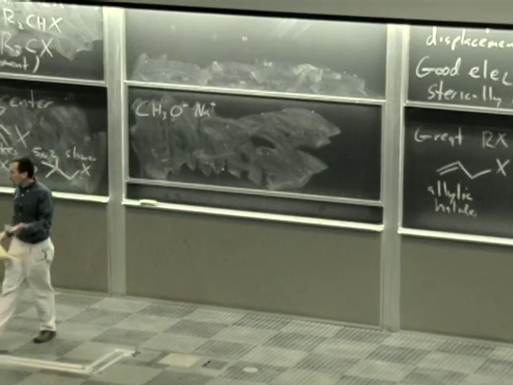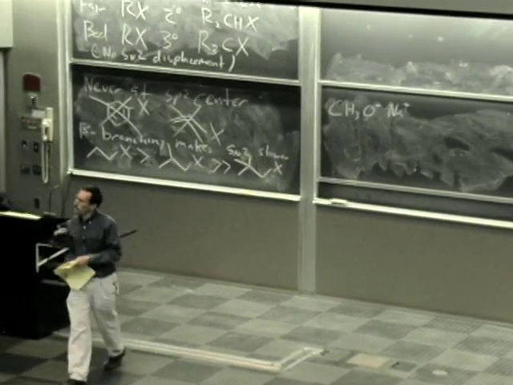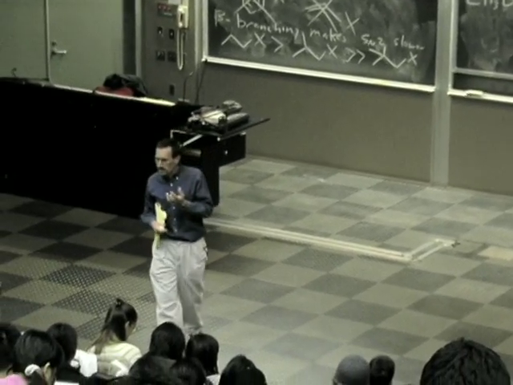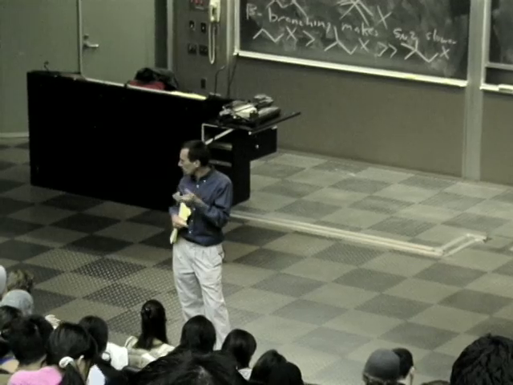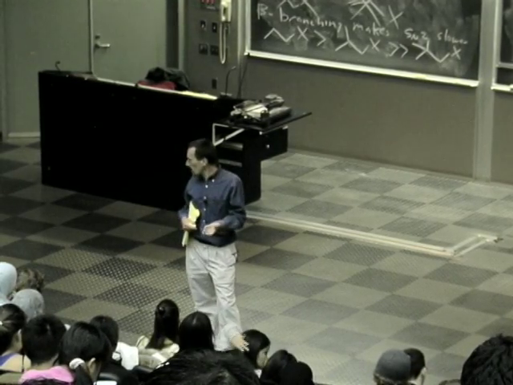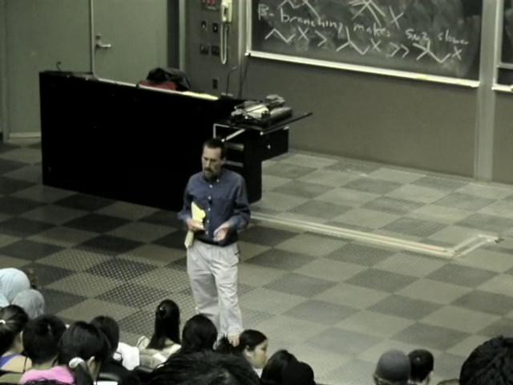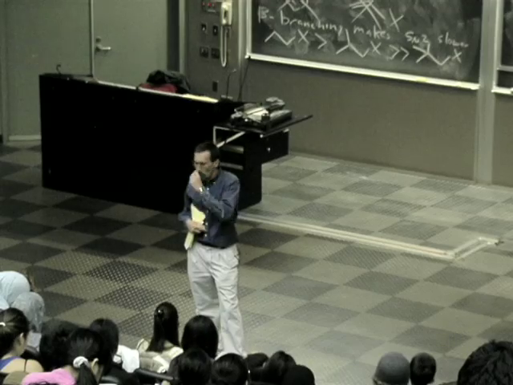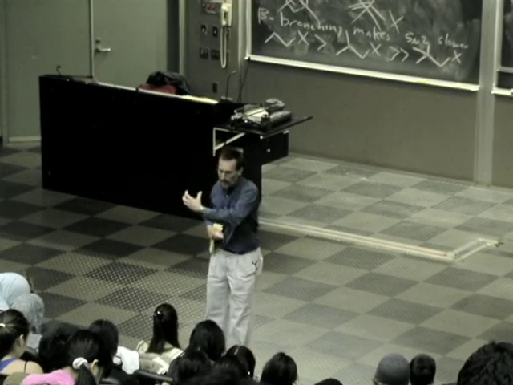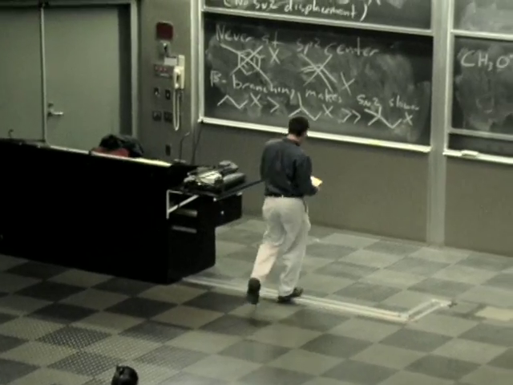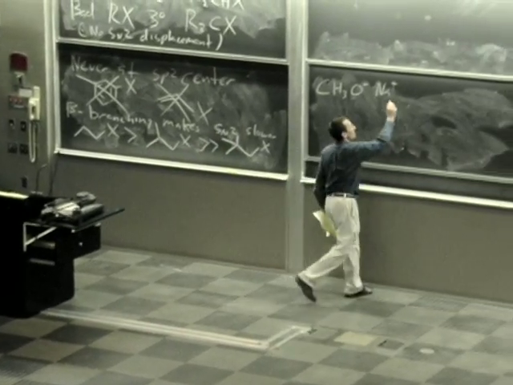As I said, you can pay attention to it, you can not pay attention to it. Sodium methoxide is the base that you would get if you took a very strong base with methanol, like sodium amide or sodium hydride, or if you took sodium metal and dissolved it in methanol, which would generate hydrogen gas and sodium methoxide. So let's take our sodium methoxide.